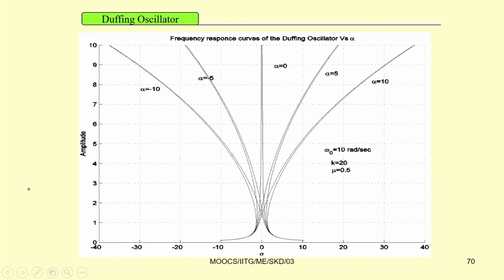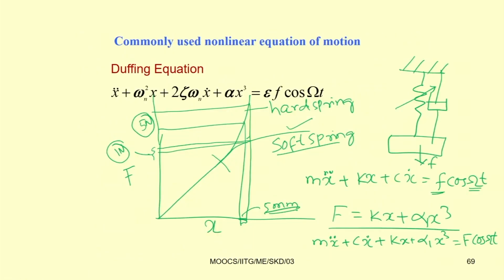Now dividing by m, you can write this equation in this form: x double dot, this k by m is nothing but the square of the natural frequency, that is omega n square x, and then c by m can be written as 2 zeta omega n x dot, then this alpha 1 by m can be written as alpha x cube, and then F cos omega t, F by m can be written as epsilon f.